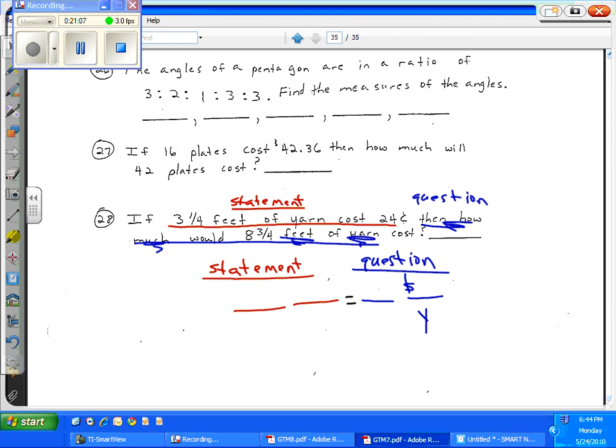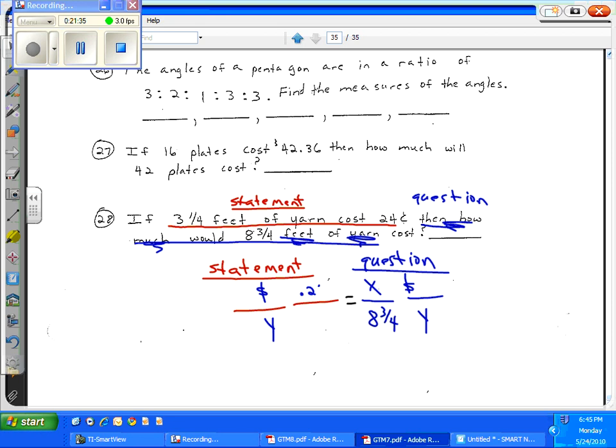We're just going to call it Y for yarn. And it's measured in feet. The first one was measured in feet already. So we have dollars per feet of yarn and dollars per feet of yarn. The question is, we don't know how many dollars to 8 3/4 feet.